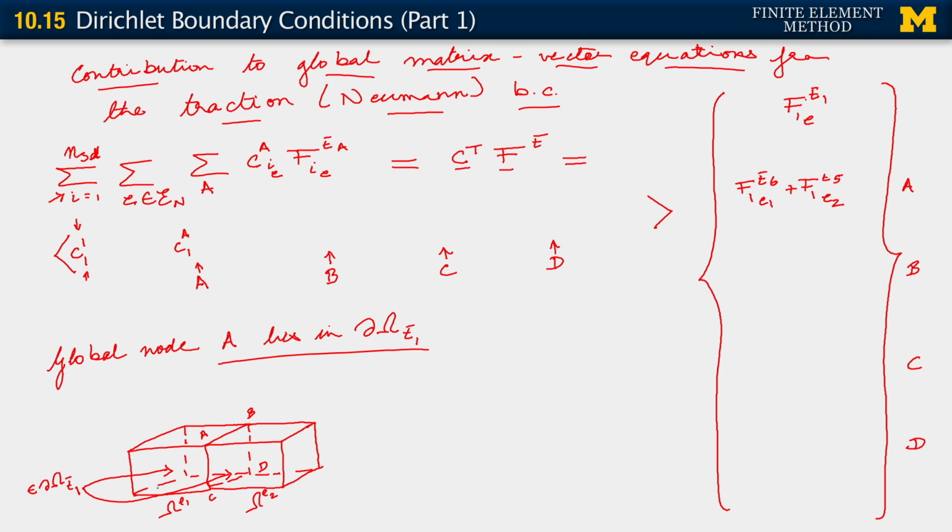For element omega E1, the nodes are 1, 2, 3, 4, 5, 6, 7, 8, and for omega E2, the nodes are 1, 2, 3, 4, 5, 6, 7, 8. So we would have those two contributions, right?